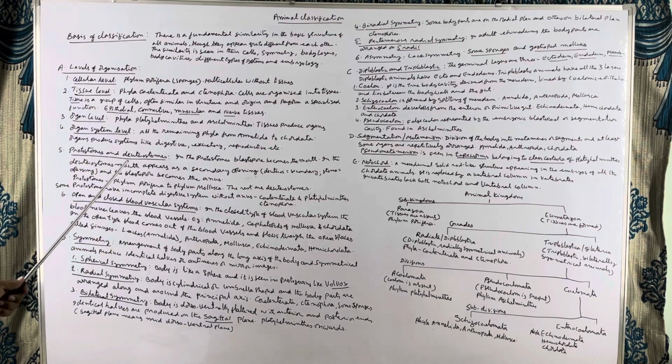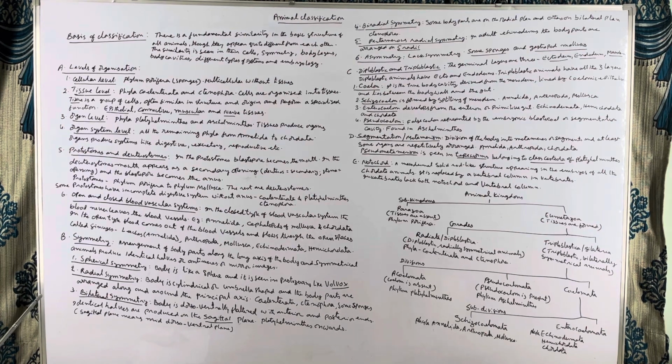In the case of deuterostomes, blastopore becomes the anus and mouth appears as a secondary opening. Deuteros means secondary, stoma means opening. So in deuterostomes, the blastopore becomes anus and mouth appears as a secondary opening. In this way, all the animals are divided into protostomes and deuterostomes.